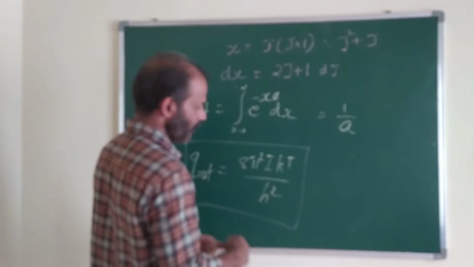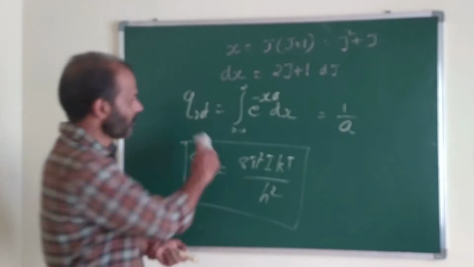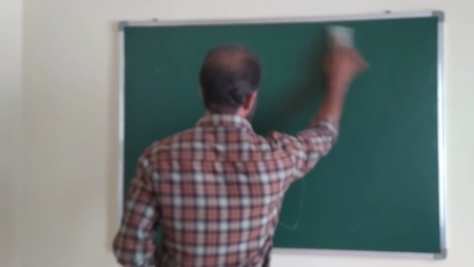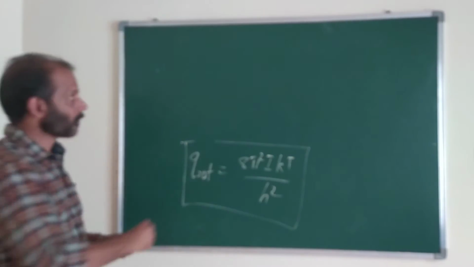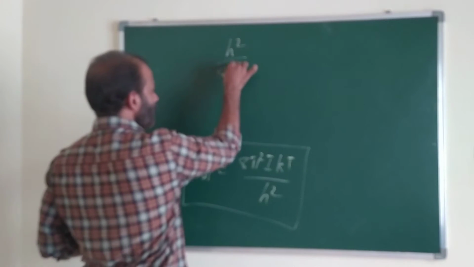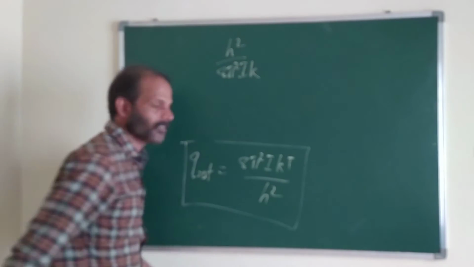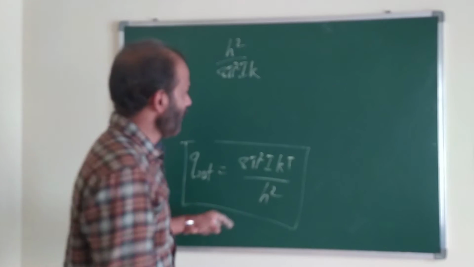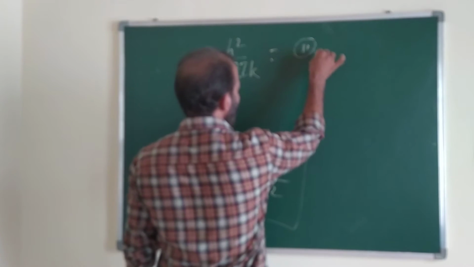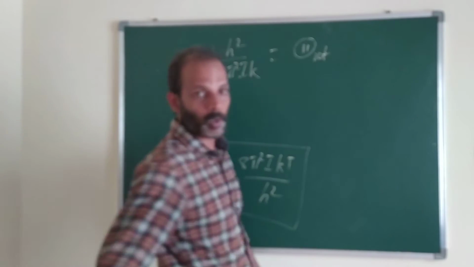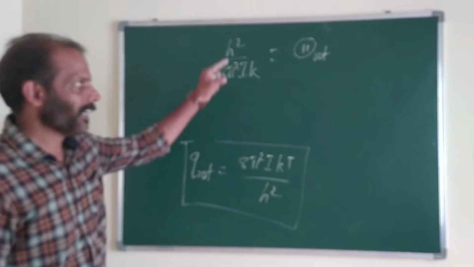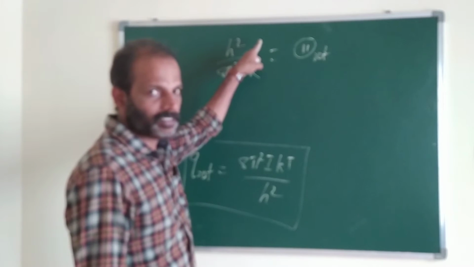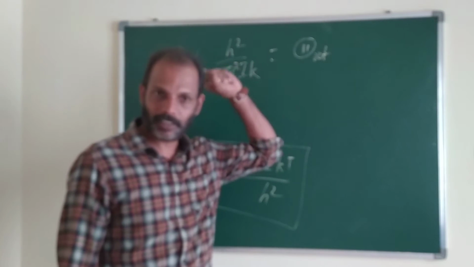But here this value, h square by 8 pi square I k, is related to thermal energy, and we can put it as theta rotational, the characteristic rotational temperature, or characteristic temperature for rotational motion.